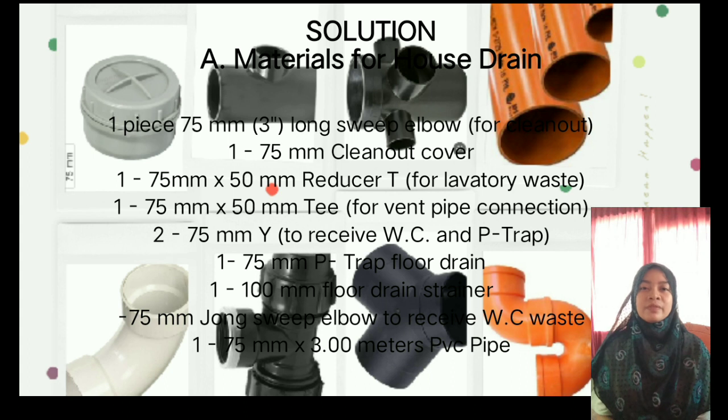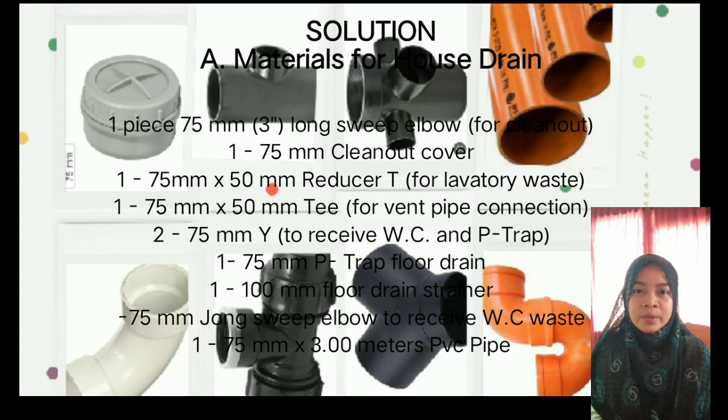And 75 mm by 50 mm T for bent pipe connection, 2 75 mm Y to receive WC and P-trap, 1 75 mm P-trap floor drain, and 100 mm floor drain strainer, or 1 75 mm long sweep elbow to receive WC waste, and 175 mm by 3 meters PVC pipe. In the background is the picture of what I mentioned earlier.